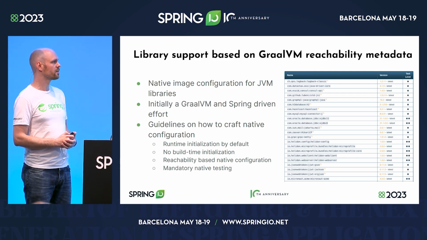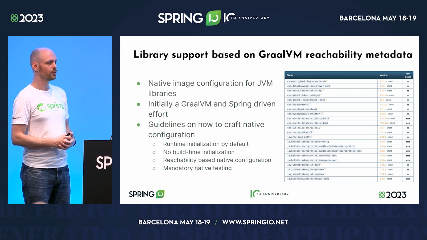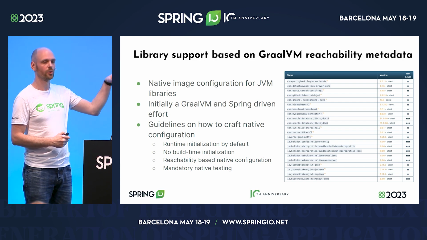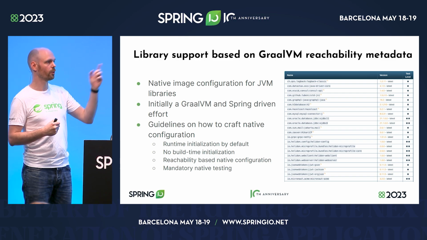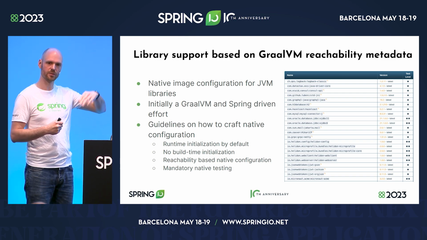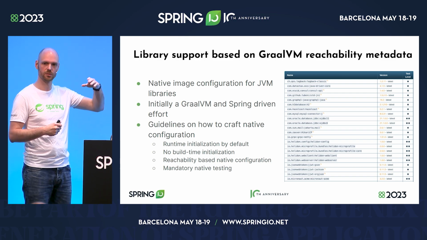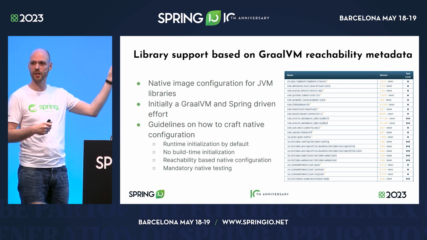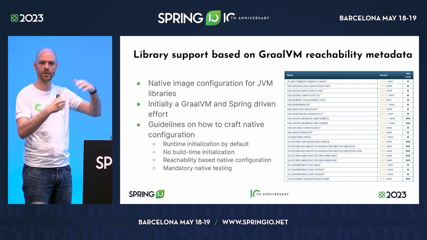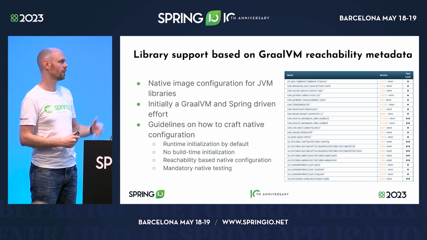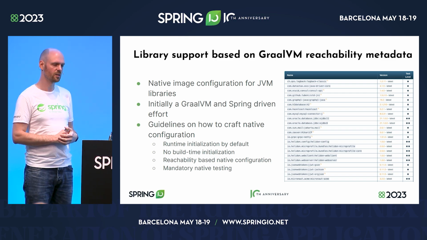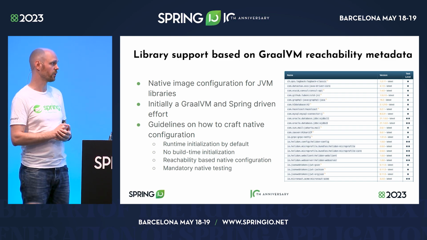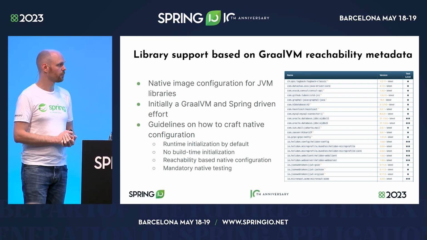There are also guidelines on how to craft that configuration. So say you find your library which does not have any GraalVM support and you want to make it compatible, you go to that repository, there's a contributing guide, it tells you how to set up those tests, essentially using the native test facility I just showed to run integration tests. Then you need to take special care about, for example, runtime initialization. Sébastien is going to talk about that soon. So we don't use build-time initialization.